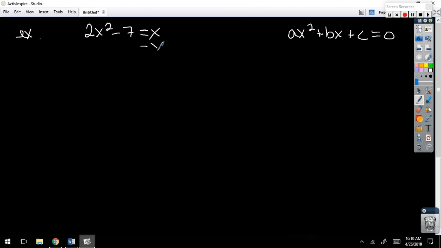I need to move the X, but when I move the X, it needs to be in the middle, not on the end, right? Standard form puts the X in the middle. It's the X squared, then the X, then just the constant. So you tell me, what does this equation look like?